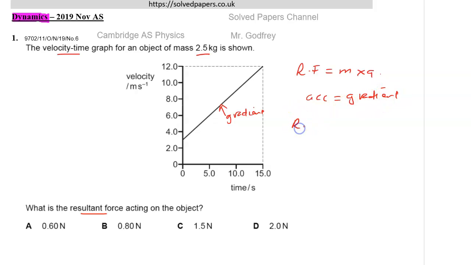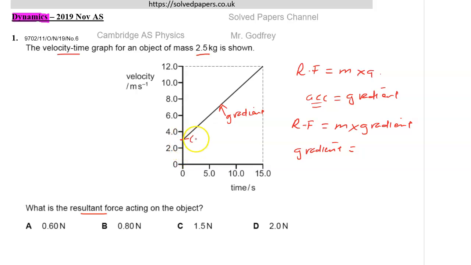So our resultant force therefore will be equal to mass times gradient, because gradient is equal to acceleration. So we can get the gradient. Gradient in this case is equals to, of course, you can pick 2 points. Can pick this point here.